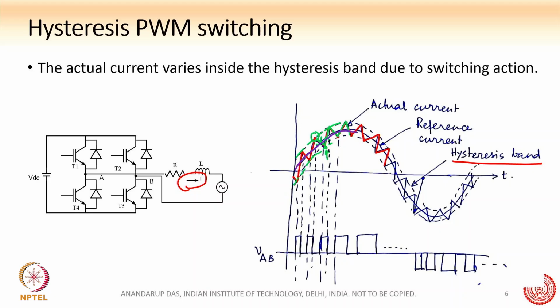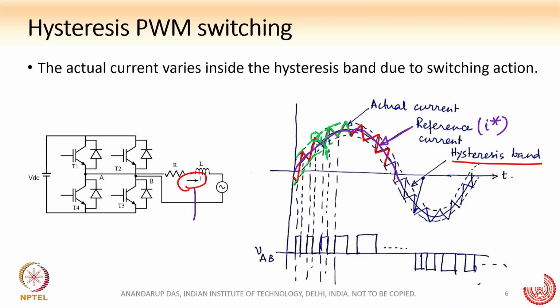So this is the original reference current. This reference current is being tracked. In this case this is the I star, the I star reference current. We want it to be sinusoidal, because we are dealing with the sinusoidal grid.